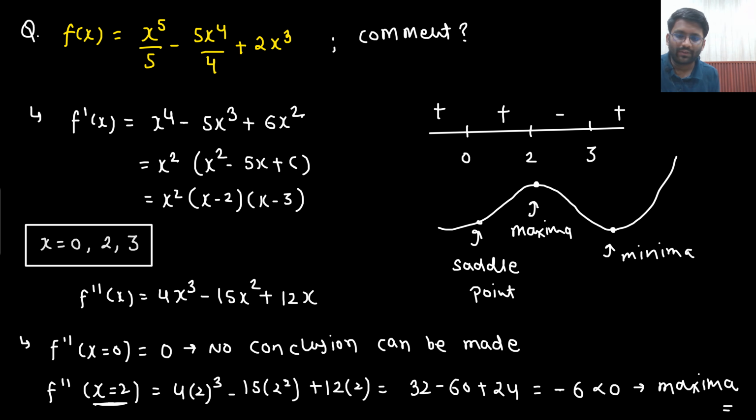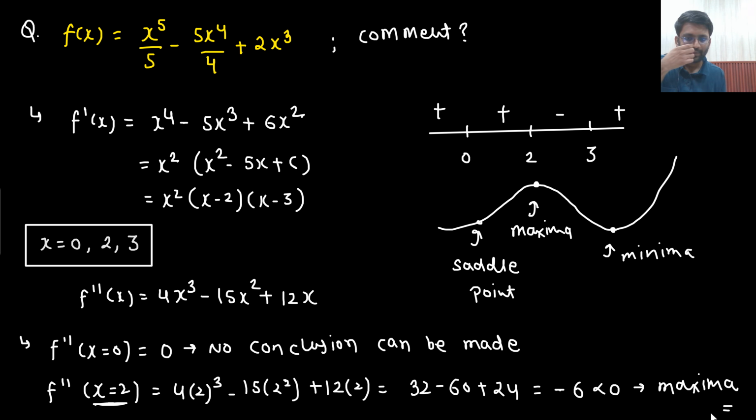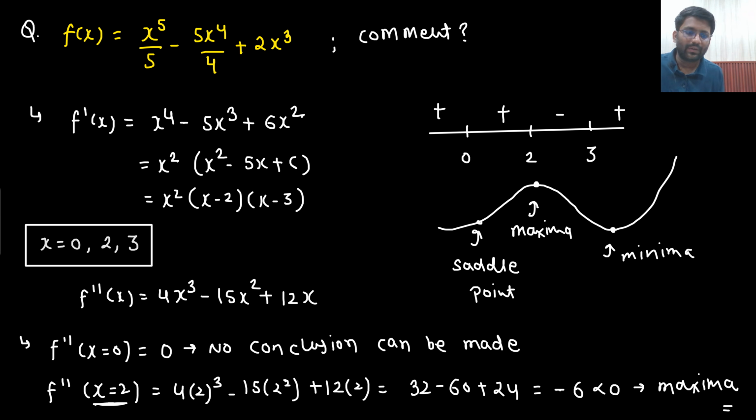Okay. f double dash x at x equals to 3 we will calculate. So 4 into 3 cube minus 15 into 3 square plus 12 into 3.